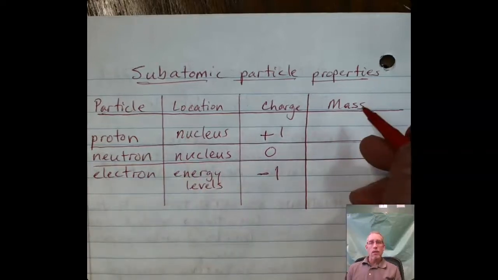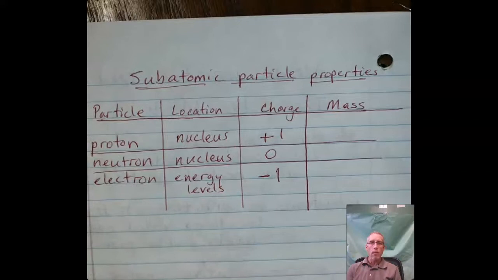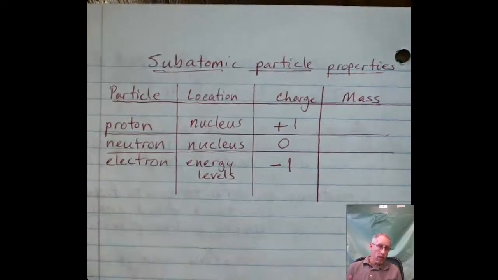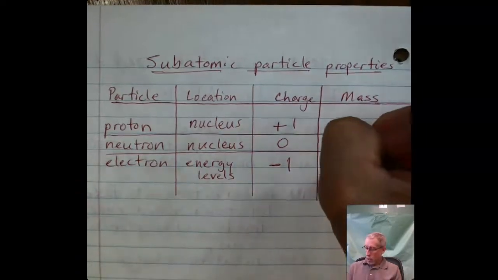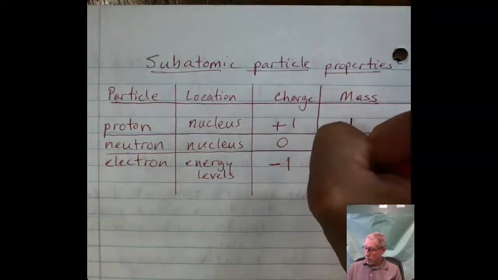And the mass, again, this is such a tiny little thing. The mass is like how heavy something is, if you want to describe it that way. It's not like you can throw this on a scale and measure it. So I'm going to give you what we call relative masses, like just how much mass something has compared to the others. So it turns out that the protons and the neutrons have almost identical mass. So we're going to call those each 1.